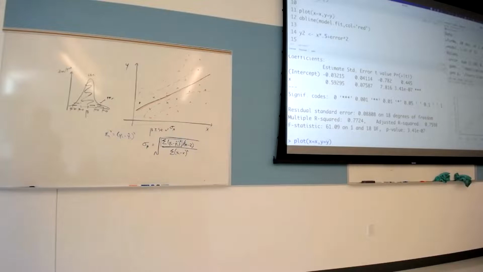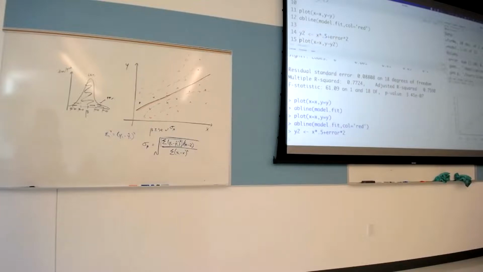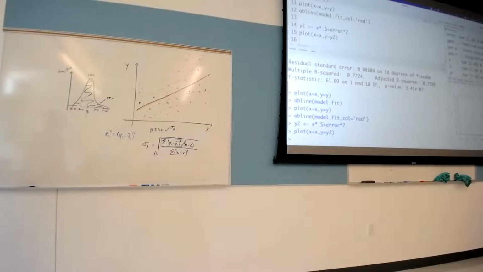Okay, so this guy should look a little bit different. You can see here that the points should be a little bit more dispersed. Specifically, you should be able to see this in the axes numbers.